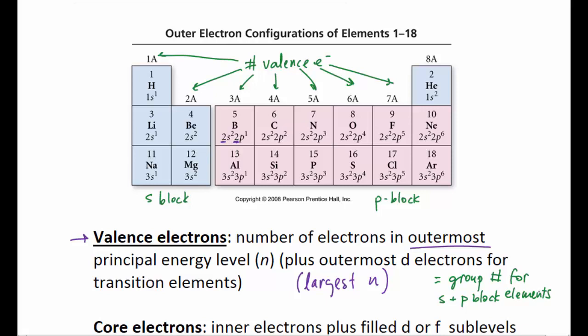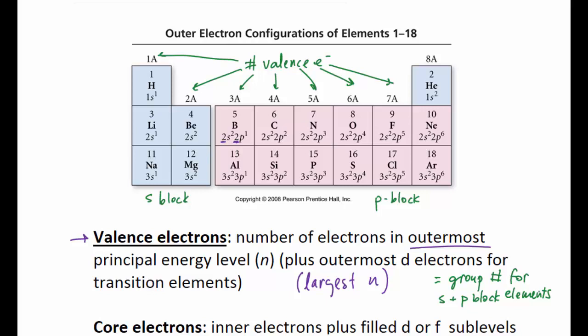Because for any element that's in the first 2 or the last 6 columns on the periodic table, S and P electrons will be the only electrons filling in the largest n, as it turns out. We're going to see how that overlap of those energy levels plays into that here in a second.